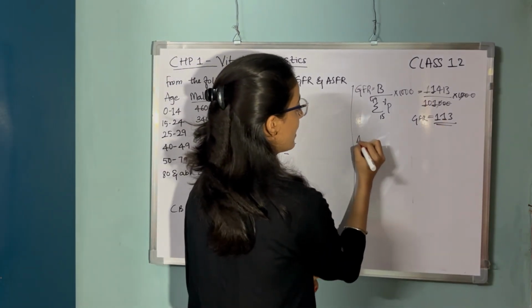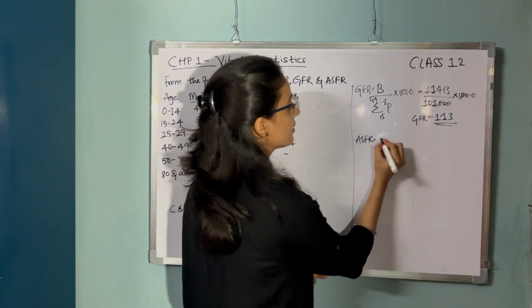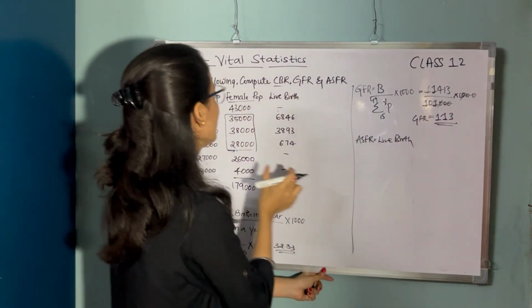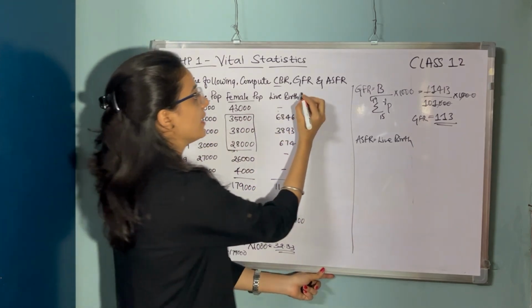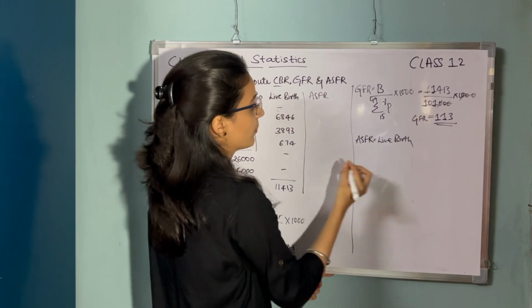Next, ASFR. What is the formula of our ASFR? So ASFR we calculate for particular age groups, right? So here we will have a column for ASFR.